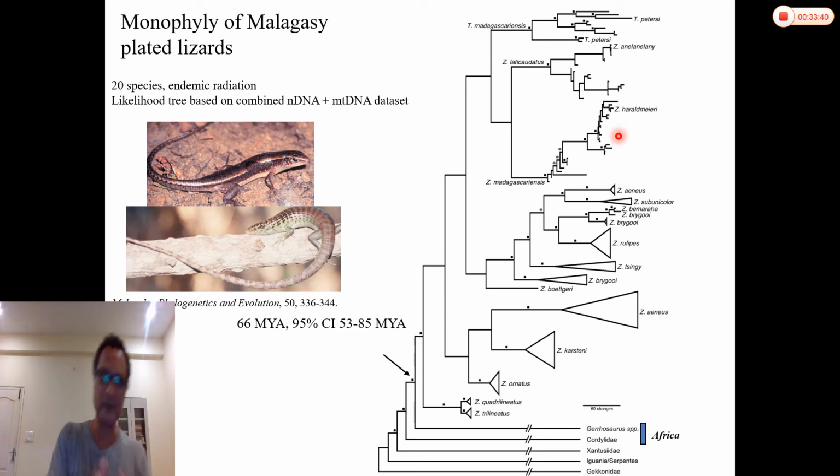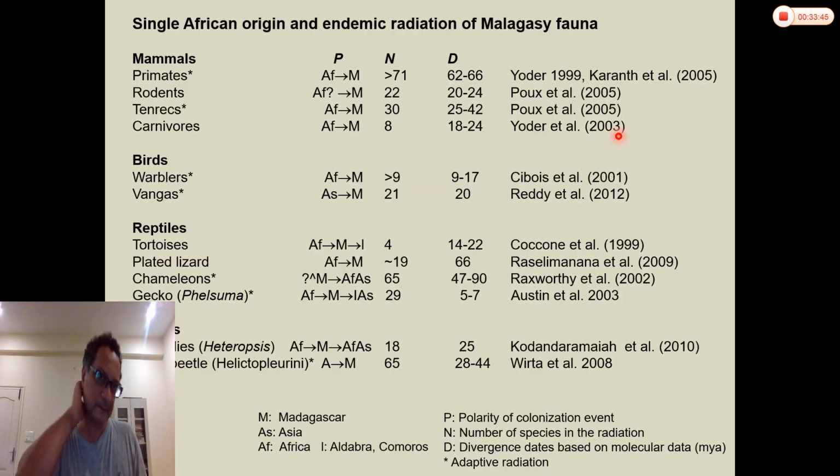You don't see an adaptive radiation here, it's just a simple island radiation. Okay, so in case of Madagascar, it's single African origin and an endemic radiation, followed by an endemic, in this case it should be island radiation of Malagasy fauna, right?